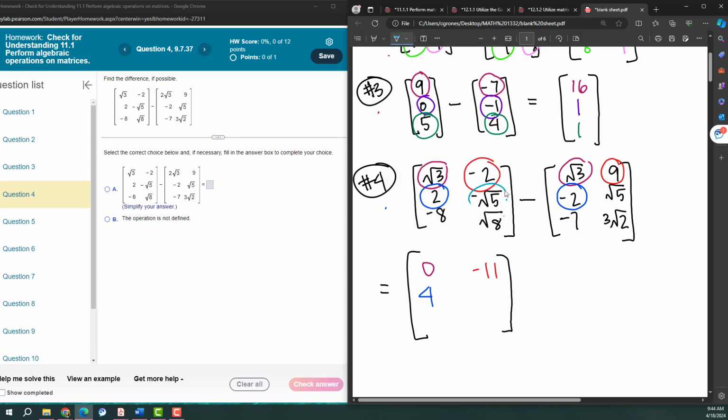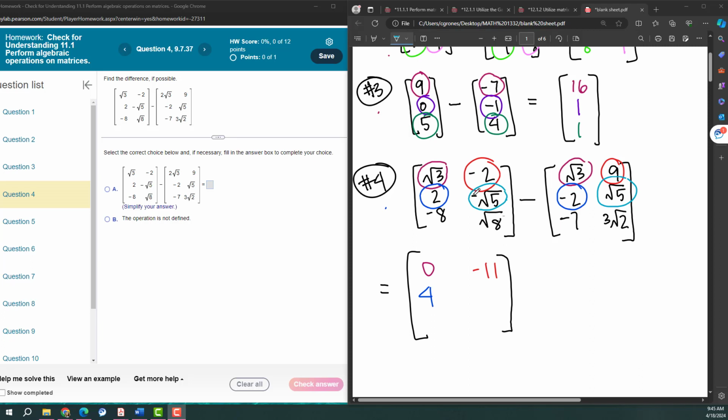The second row, second column, we have the negative square root of 5 minus the square root of 5. So this one is similar to the first row, second column, when we had negative 2 minus 9.